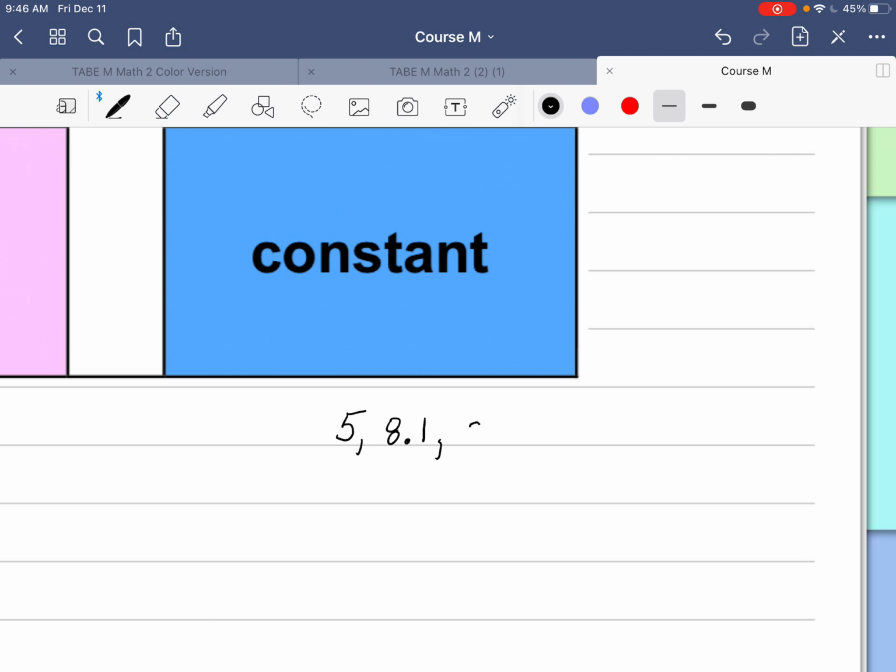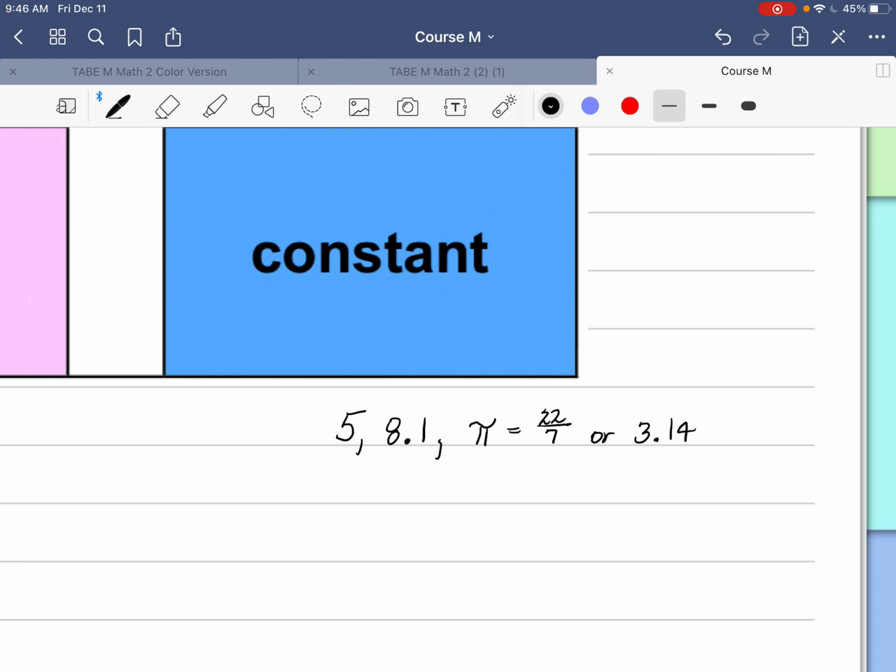Sometimes numbers or constants are symbols, like the Greek letter pi. I use pi in geometry when I'm working with circles, and pi is always constantly equal to 22 over 7. That's the fraction, or approximately 3.14. And when we get into geometry, we'll talk more about where that comes from.